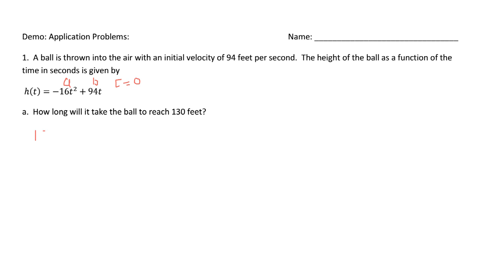So 130 goes in for the height. Negative 16. I'm going to change those t's to x's. x squared plus 94x. Subtract that, and I get 0.